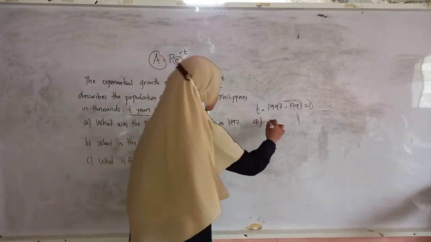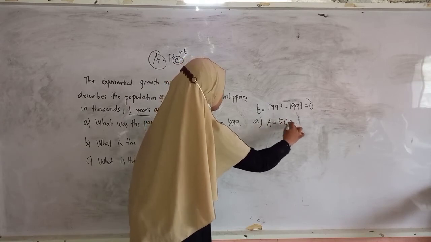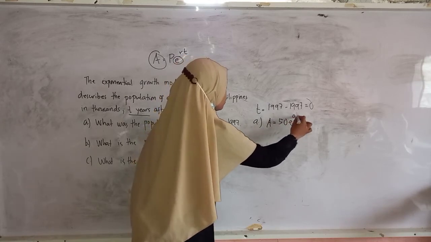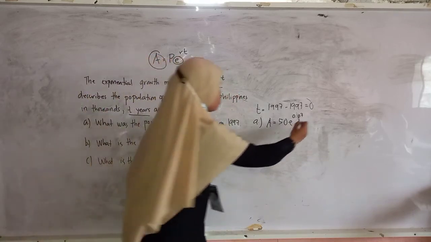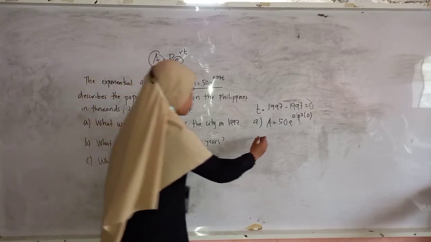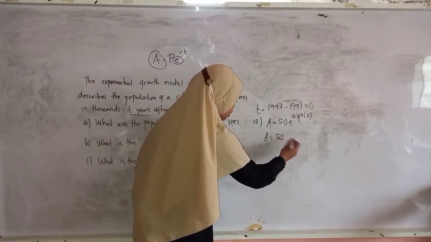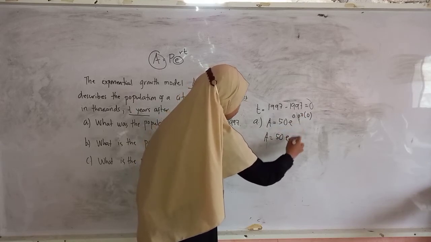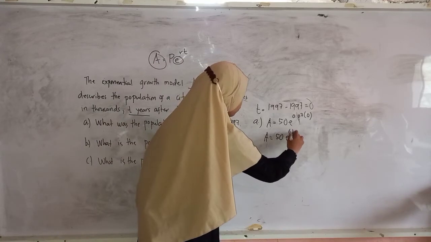So, we are given the model A is equal to 50 e to the power of 0.07 and then replacing t by 0, so that is 0.07 times 0. So, this is equal to A is equal to 50 e to the power of 0.07 times 0, that is equal to 1.